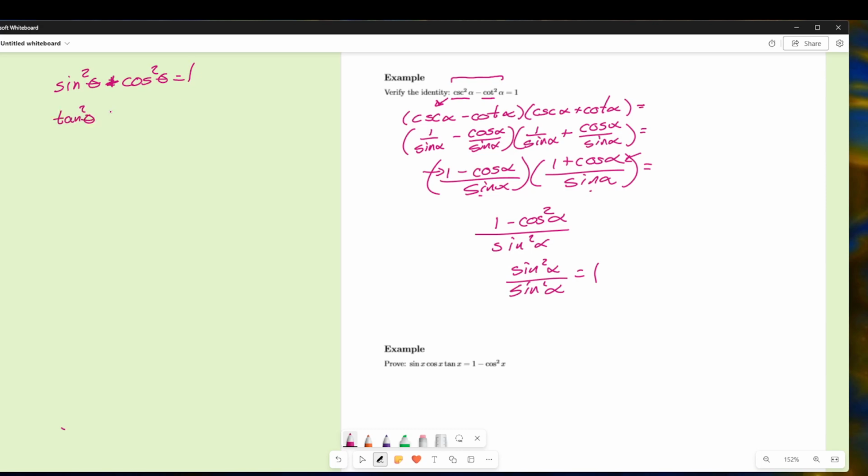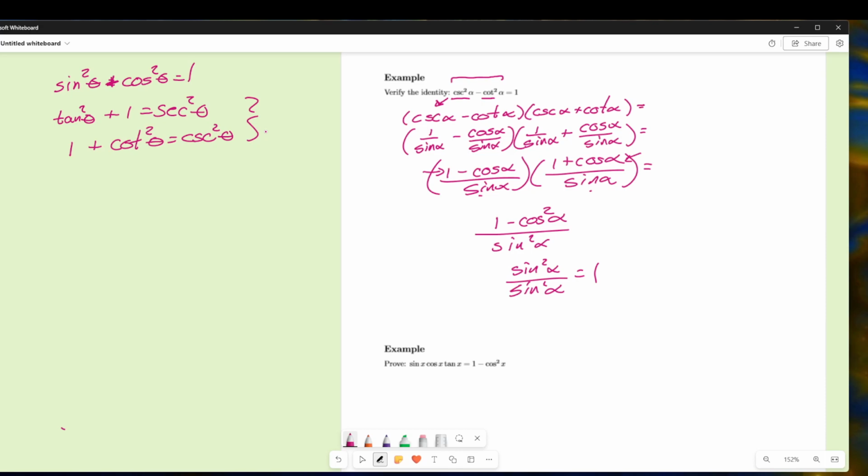Tangent squared theta plus 1 equaling secant squared theta, by dividing each of those by cosine squared. Or instead, divide them all by sine squared and get 1 plus cotangent squared theta equaling cosecant squared theta. We lose access to those manipulations if we're in the habit of just replacing everything with sines and cosines.